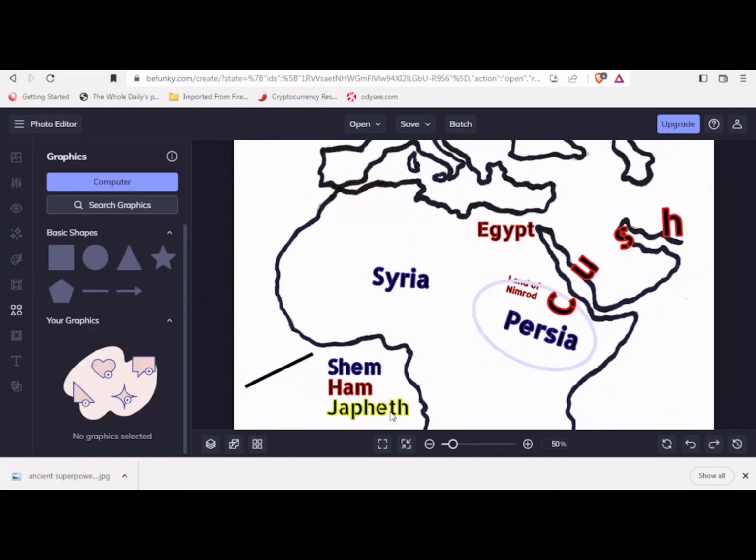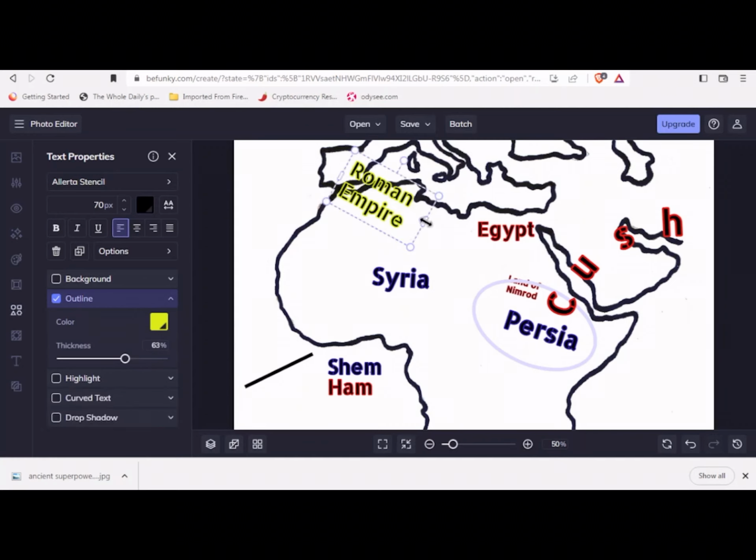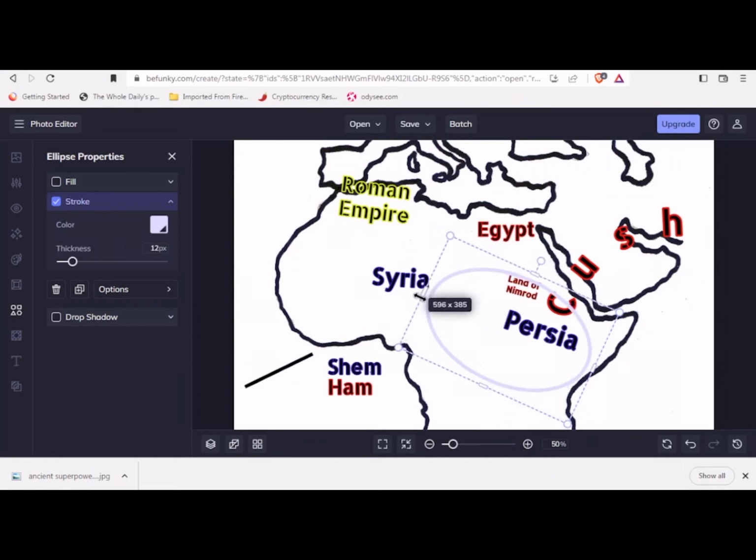So I'm going to put the Roman Empire, and the battleground is going to be Syria. So now we can start to expand the Persian Empire again, to see that their power is starting to grow, and their influence on Syria and the Holy Land.